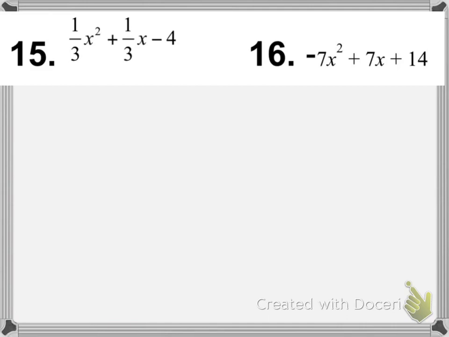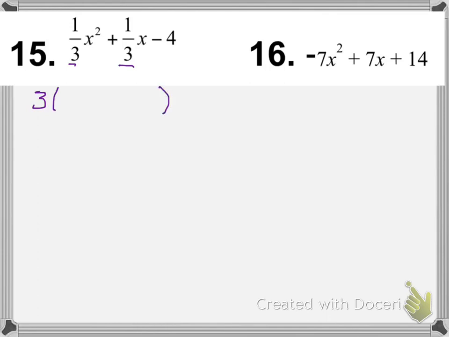I know that we don't deal with fractions too much when factoring, but I still want to expose you to this. So since we have 1/3 x squared plus 1/3 x minus 4, then we want to have our a and b to be whole numbers. So we end up factoring out the 3.